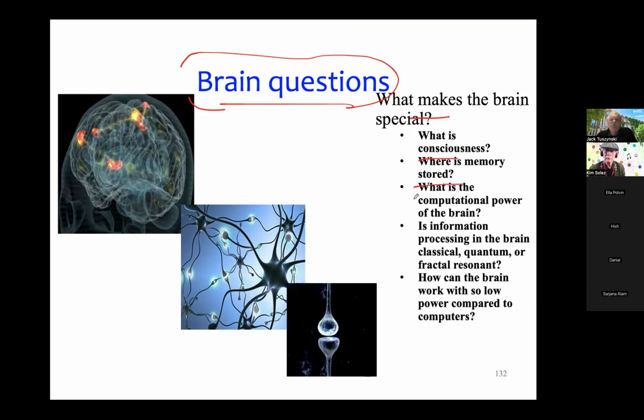All of these are open questions, and there are debates about how to define this, or what is memory, and what these things we can answer. What is the computational power of the brain? And that's very intriguing. And then how much information can be processed in the brain? Is it comparable to a computer or not? And things of this nature.